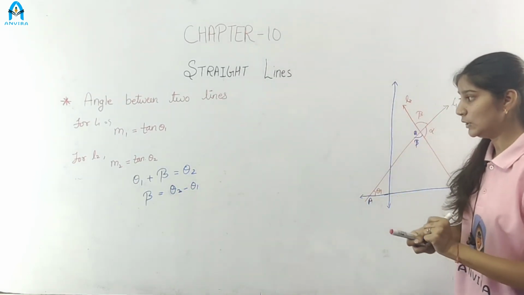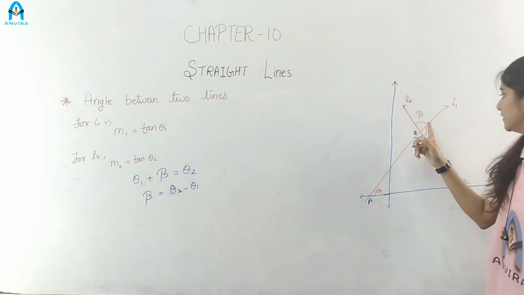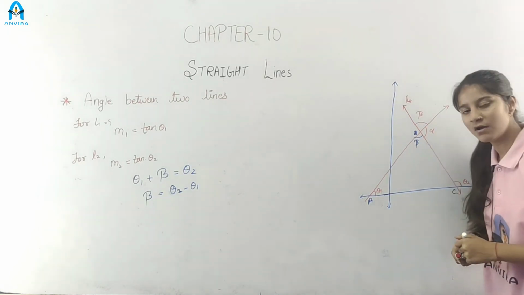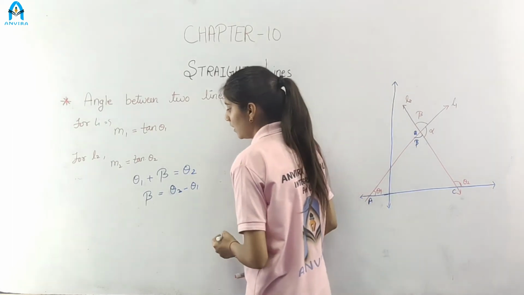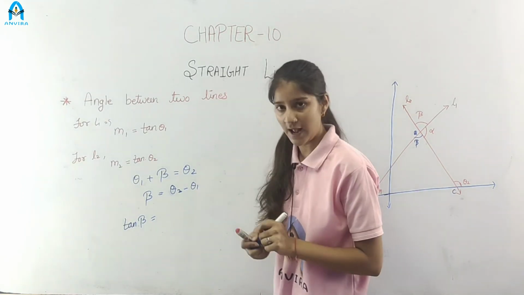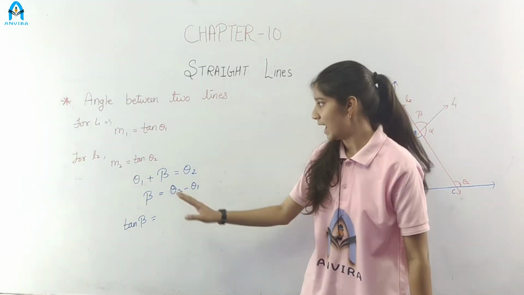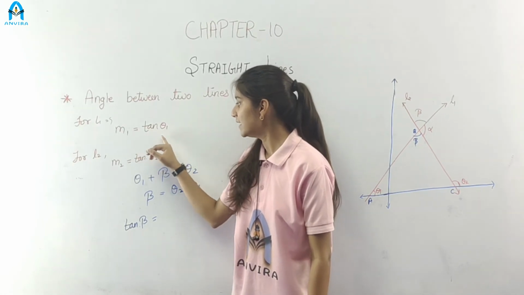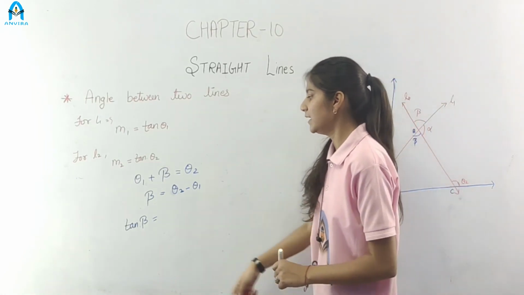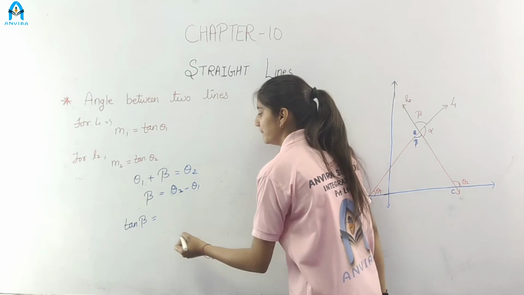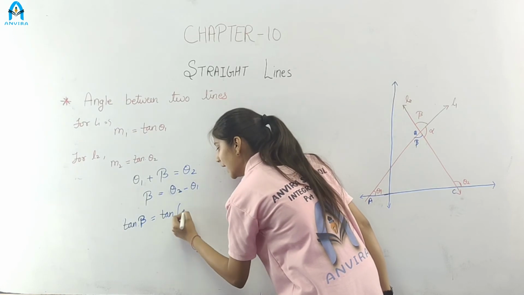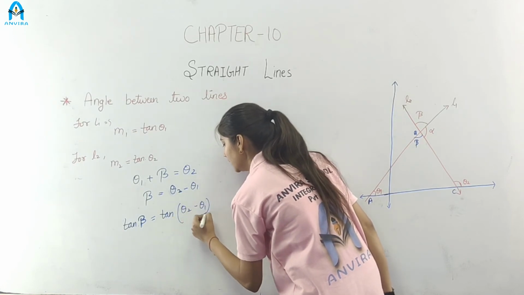If I get the value of beta, then I can find the value of alpha also, since beta is equal to 180 minus alpha. Since I don't have values of theta 1 and theta 2, I have the values of tan theta 1 and tan theta 2. How to change them into tan theta 1 and tan theta 2? So I apply here the trigonometric ratio tan. So now this equation becomes tan beta is equal to tan of theta 2 minus theta 1.